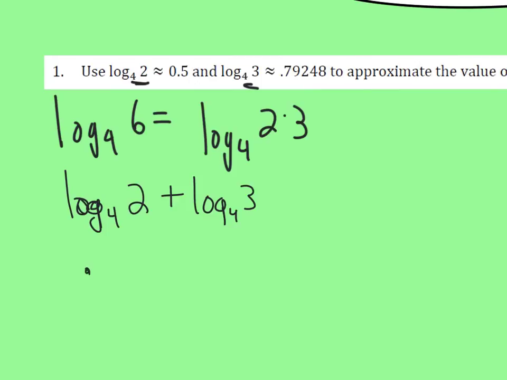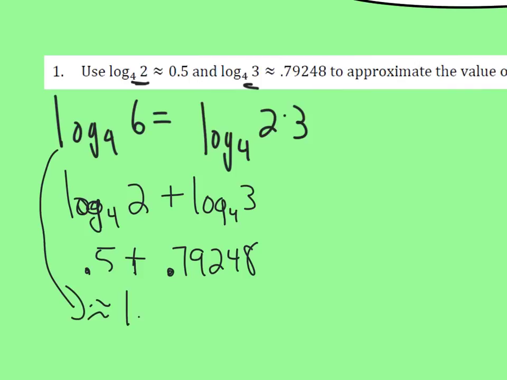That would be 0.5 plus 0.79248. So I'm going to add those two, 0.5 plus 0.79248. So my answer for log base 4 of 6 is going to be approximately 1.29248. That would be my answer.